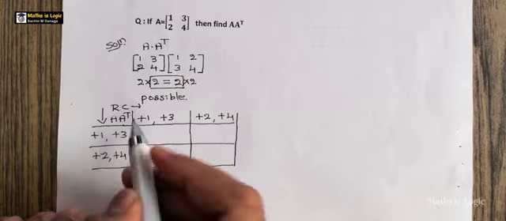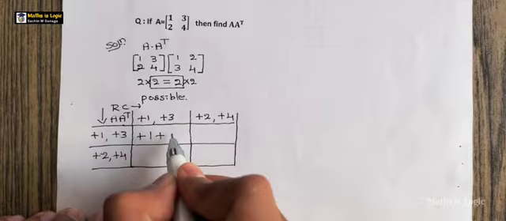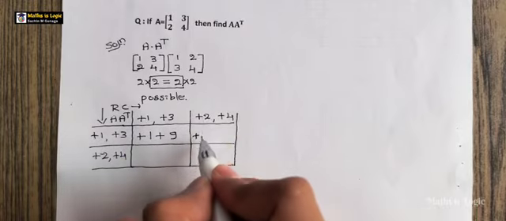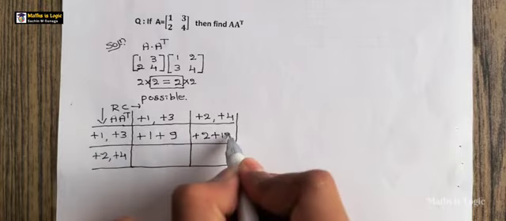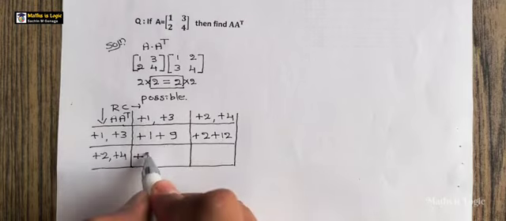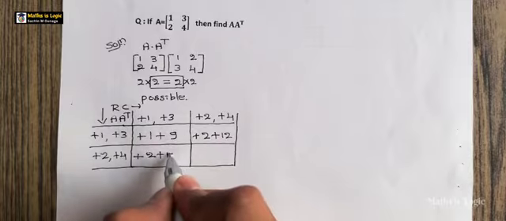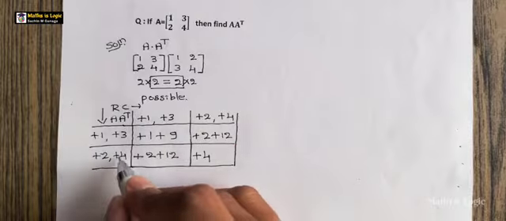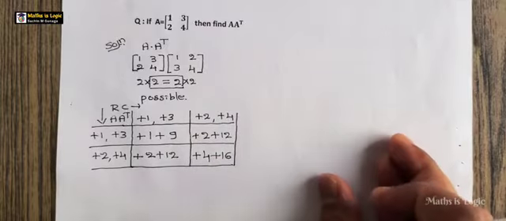Multiply. Plus into plus, plus 1 into 1 is 1, plus into plus plus 3 into 3 is 9, plus into plus plus 1 into 2 is 2, plus into plus plus 3 into 4 is 12, plus into plus plus 2 into 1 is 2, plus into plus plus 4 into 3 is 12, plus into plus plus 2 into 2 is 4, plus into plus plus 4 into 4 is 16.